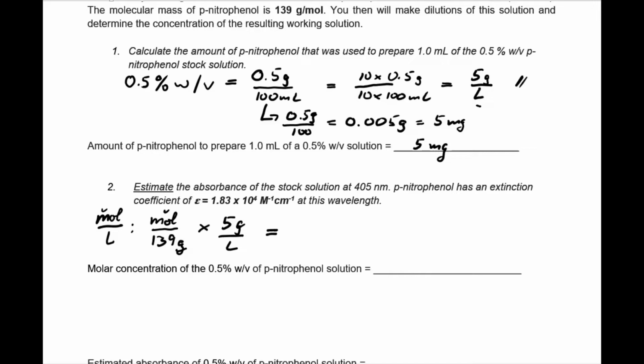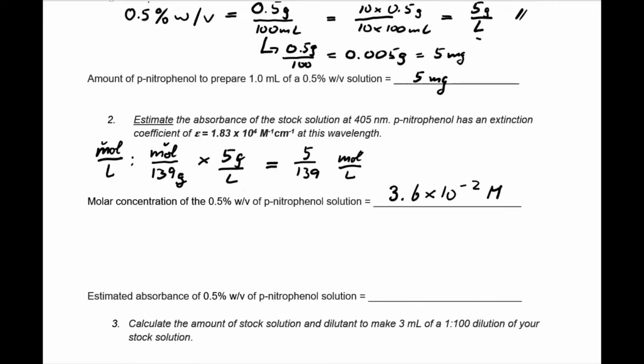So I can write this as 5 over 139 mole per liter. And I can put that in the calculator, and I would get a concentration of 3.6 times 10 to the power of -2 mole per liter, molar. So that is the concentration of the paranitrophenol solution.